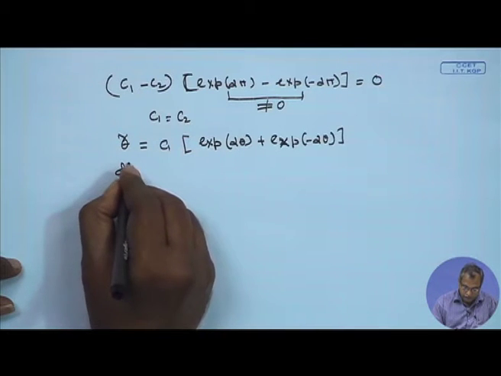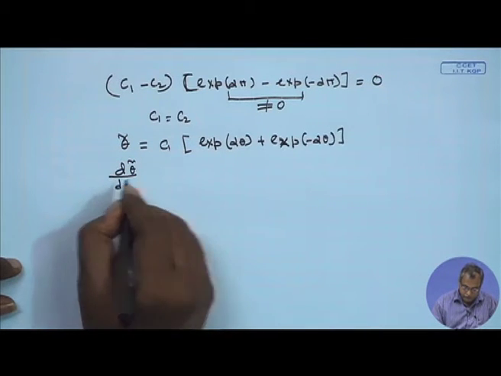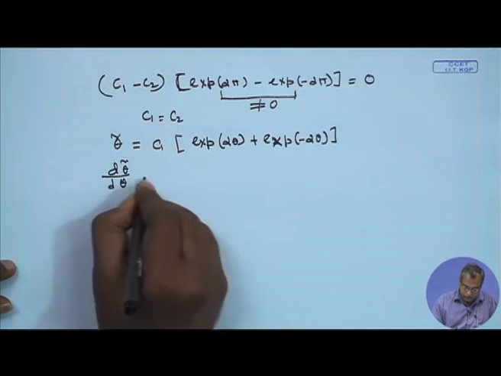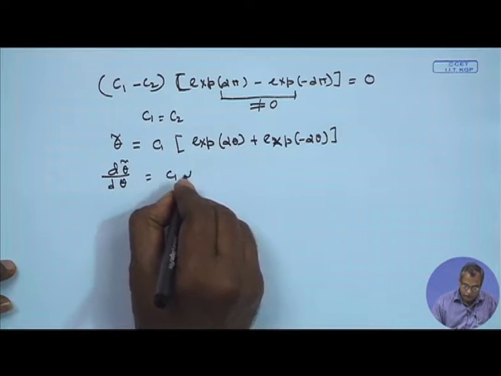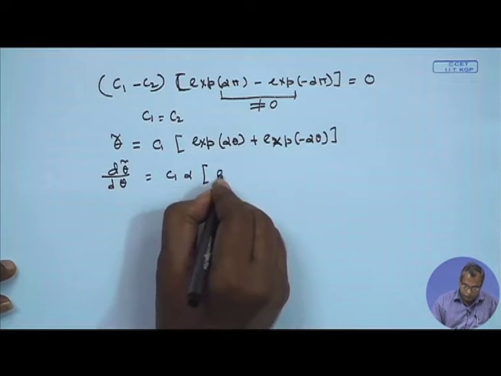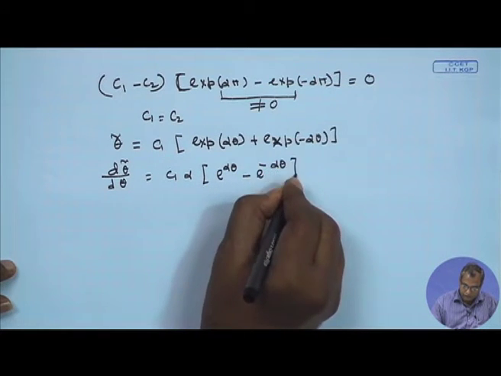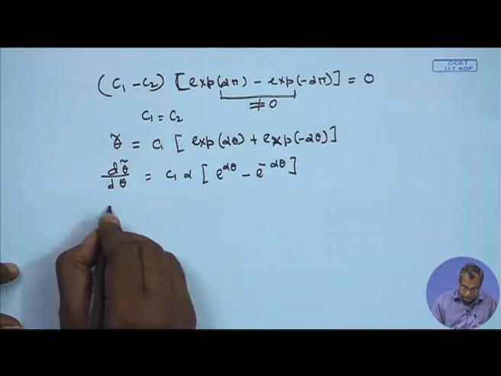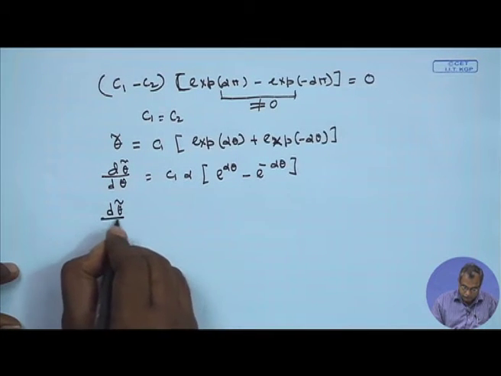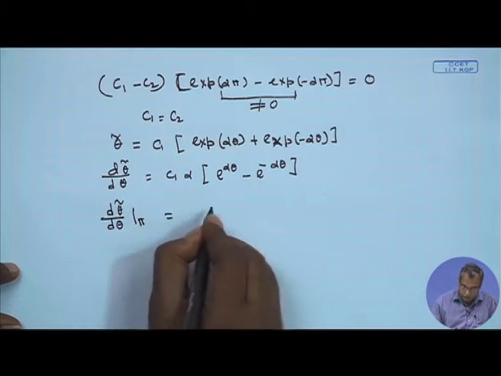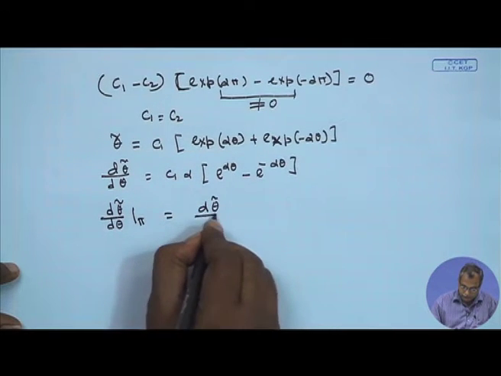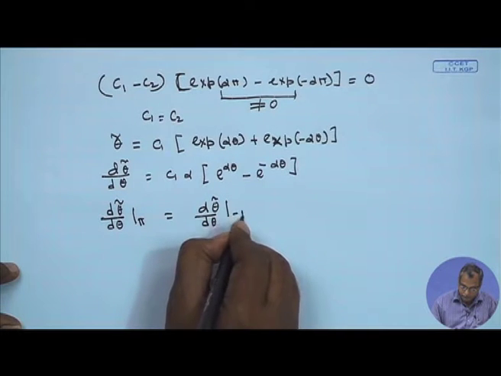we have to evaluate dθ̂/dθ, which is equal to C1 α (e to the power αθ minus e to the power minus αθ). So what is the other boundary condition? The other boundary condition is dθ̂/dθ at π is equal to dθ̂/dθ evaluated at minus π.